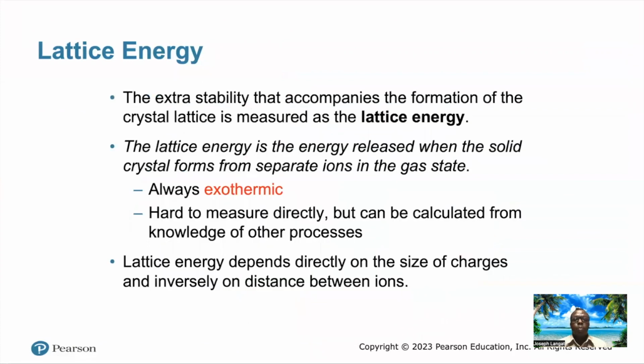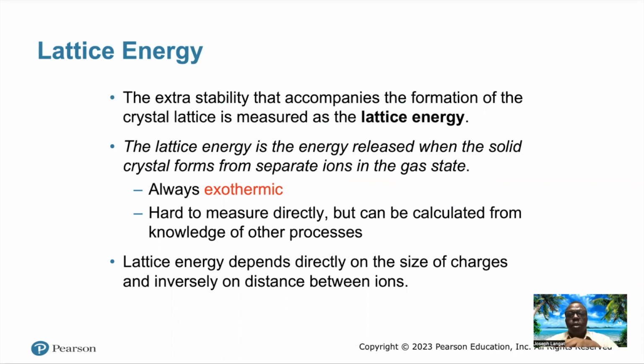So the extra stability that accompanies the formation of the crystal lattice is measured by the lattice energy. You should be able to define it: lattice energy is the energy change when a solid crystal forms from separate ions in the gaseous state. It's highly exothermic, which means it gives away heat.